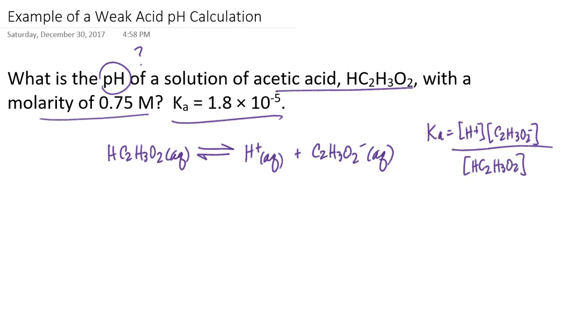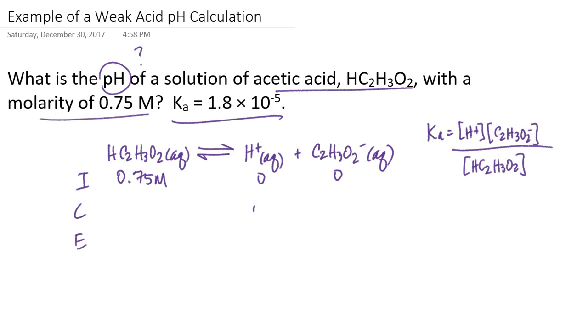And so once again, this is a problem that can be solved using an ICE table, as we learned from the last chapter. My initial concentration of acid was 0.75 molar, and again, in the precise moment when this particular concentration of acid is placed in solution, there are initially no hydrogen ions or acetate ions. The change at this point is unknown.